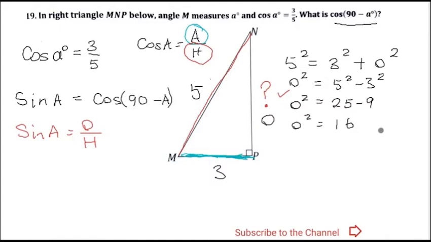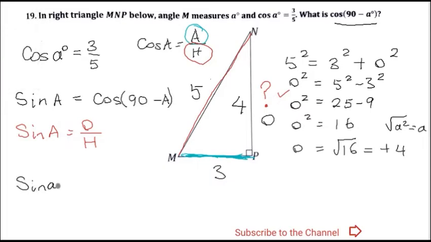Square root both sides, as remember the square root of a squared is equal to a. So we'll get plus or minus 4 for 16, but remember we're taking positive 4 as it's real, so the opposite is 4.